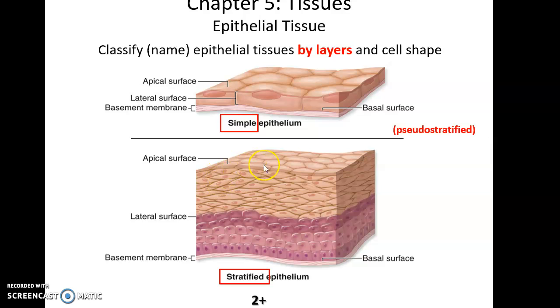And then there's a hybrid called pseudostratified. With pseudostratified, it's technically one single layer of cells, but the way they are positioned makes it almost look like it has multiple layers. So pseudo for false, it's false layers.